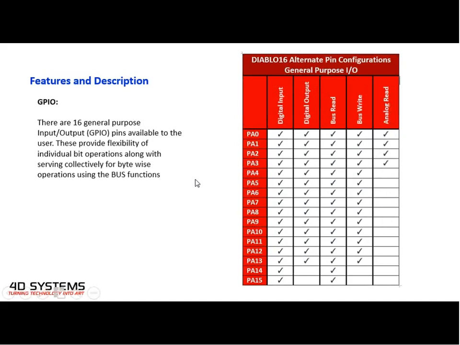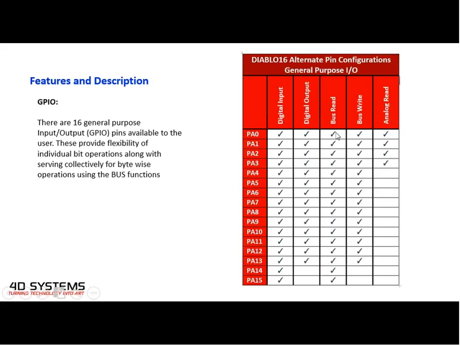So now with the GPIO, there are 16 GPIOs available to the user. This provides the flexibility of individual bit operations along with serving collectively for byte-wise operations using the bus function. So you can assign it as an input only or as an output, up to PA13.